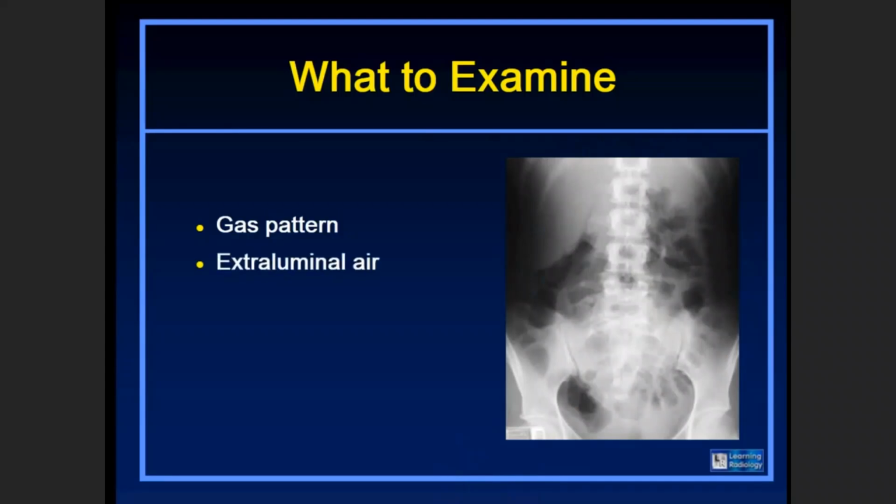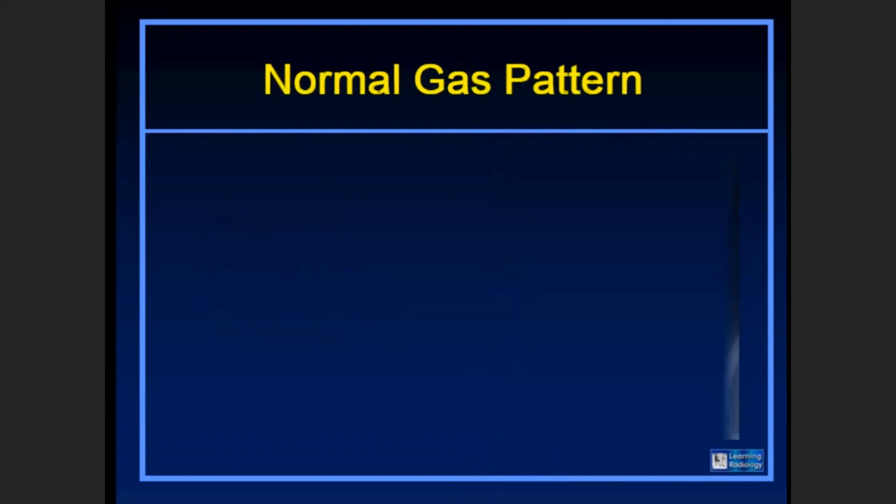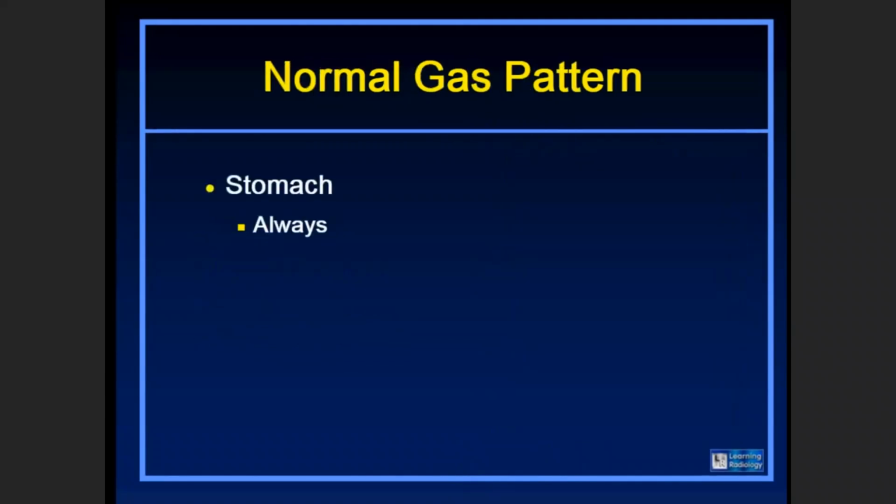Then extraluminal air or free air under the diaphragm or in between the organs has certain signs. Soft tissue masses, calcification.